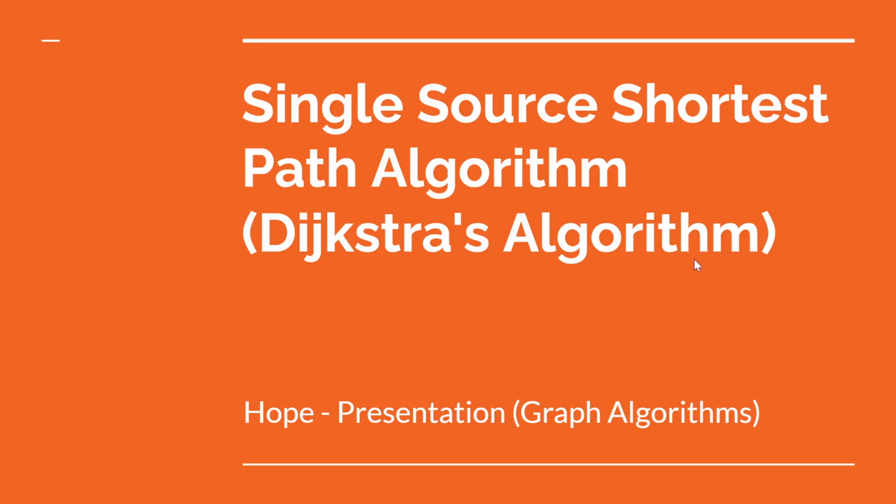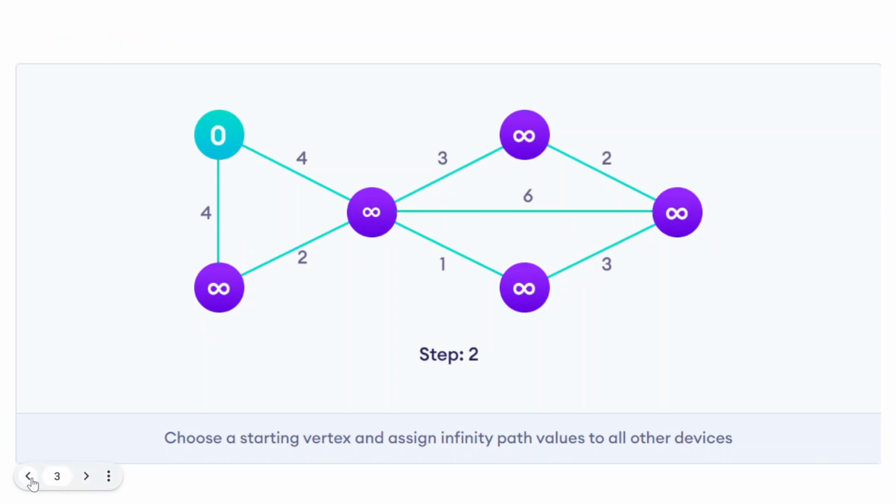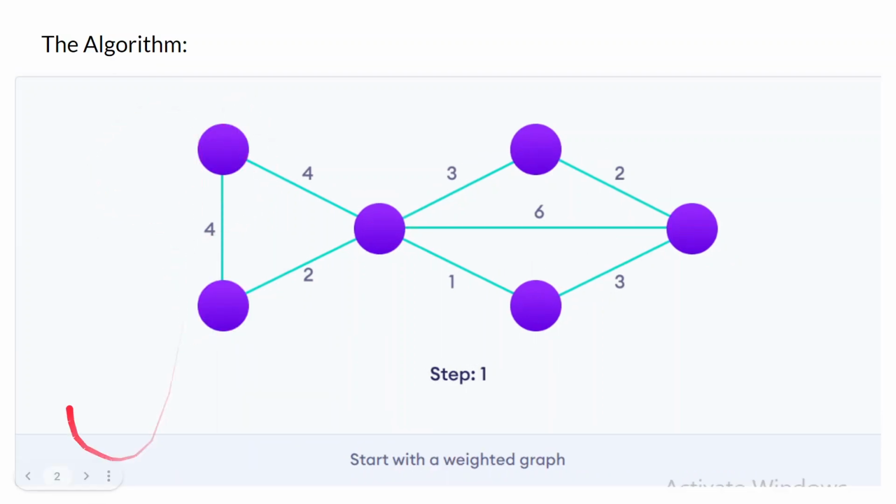Here's an example graph. As you might know by now, all these blue circles here are nothing but nodes, these lines are edges, and the numbers given here are the weights of those edges.